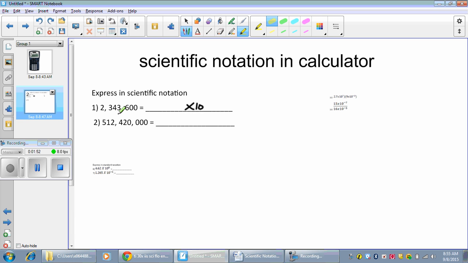And you should get 2.3 times 10 to the 6th power.